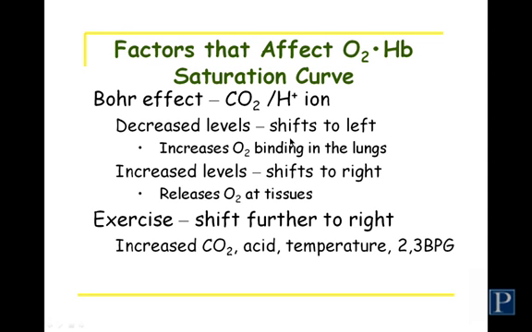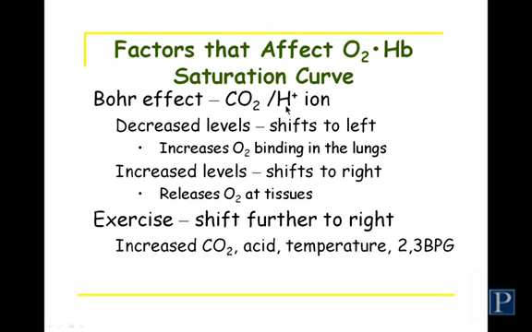At the level of the lungs, the curve shifts to the left. You're going to have increased oxygen binding in the lungs because that's what you want. You want to be able to pick up oxygen in the lungs and deliver it to the tissues. So why does it shift to the left at the level of the lungs? At the lungs, CO2 is going to be let go.